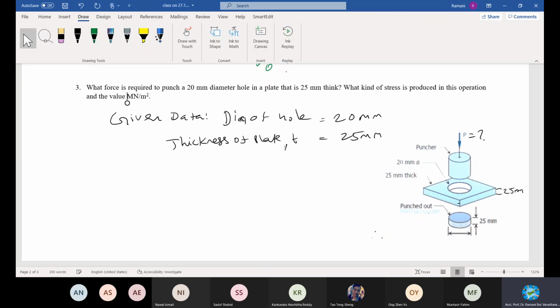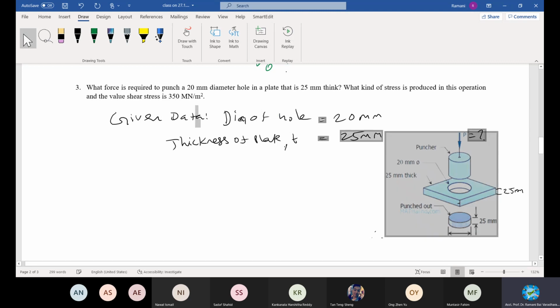The value of shear stress is to be 350 meganewton over... Both cannot be unknown, otherwise we cannot solve. We don't have an equation, right?